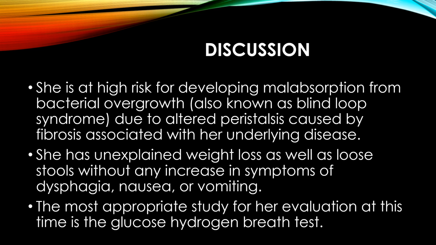She has unexplained weight loss as well as loose stool without any increase in symptoms of dysphagia, nausea, or vomiting. The most appropriate study for her evaluation at this time is the glucose hydrogen breath test.